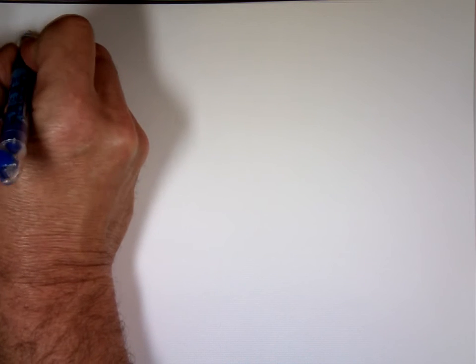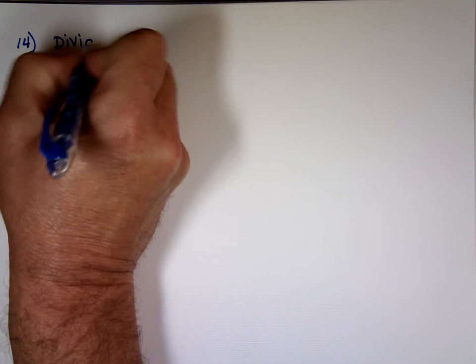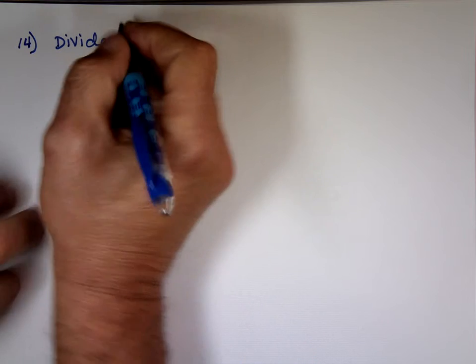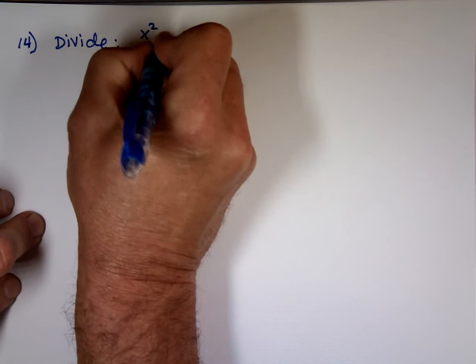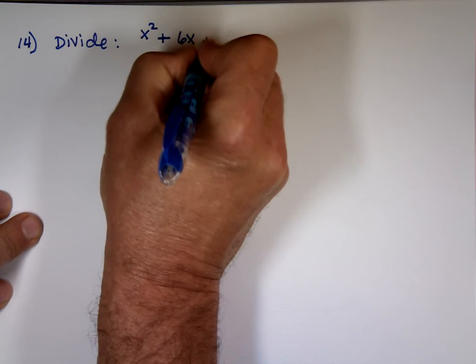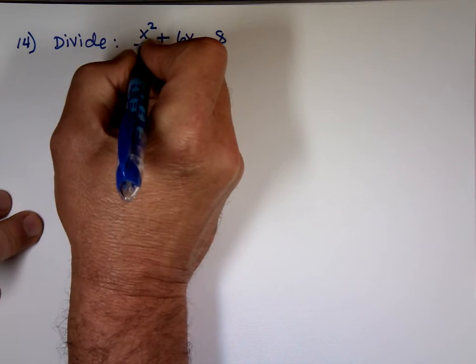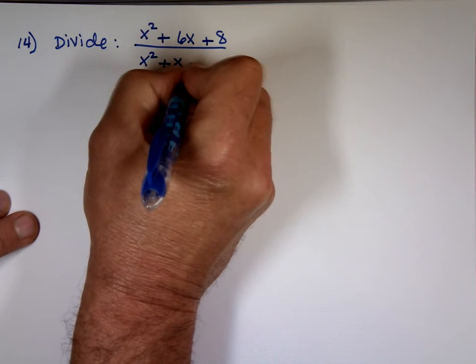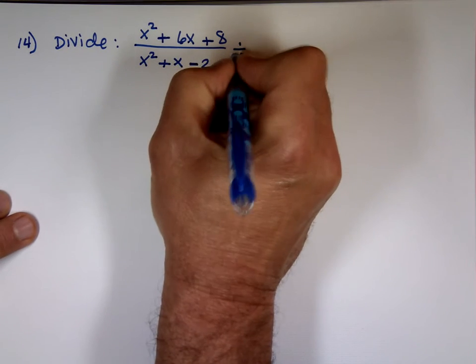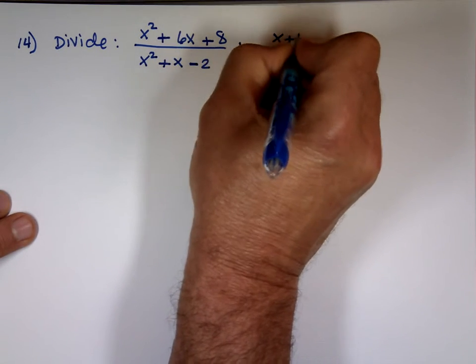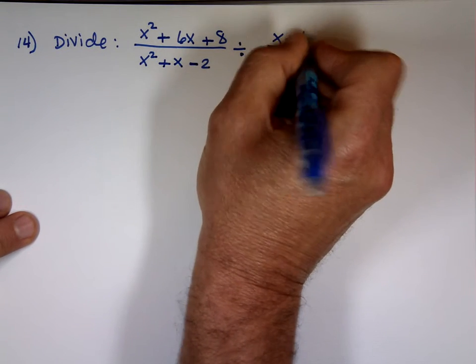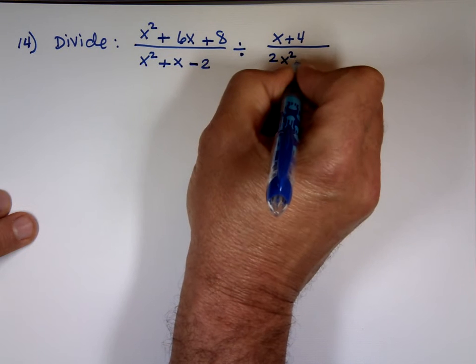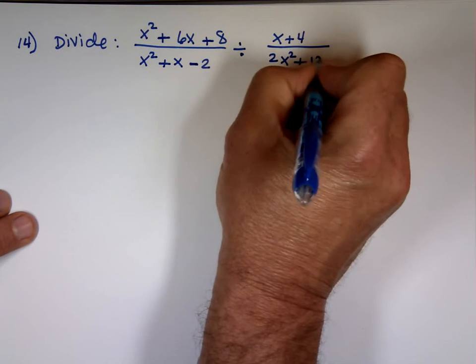Let's try one more with division. x squared plus 6x plus 8 over x squared plus x minus 2, divided by x plus 4 over 2x squared plus 12x plus 16.